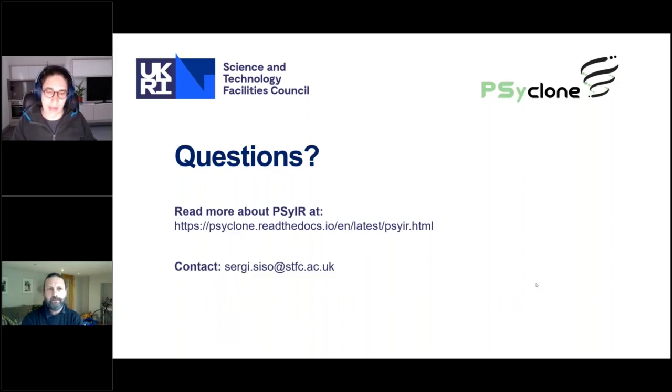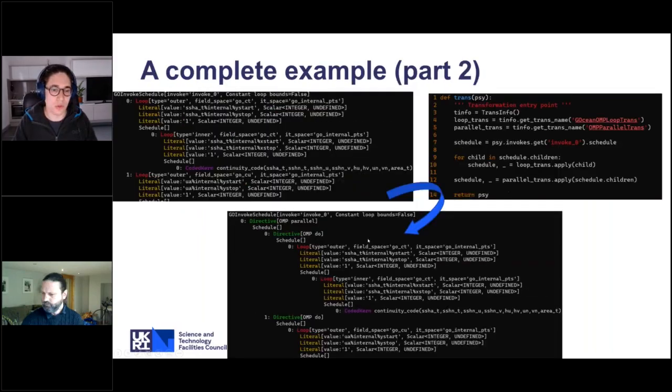Yeah. So let me go back to this example. If you don't provide any transformations in a PSyIR which has been generated from scratch or by Cyclone, for instance, for a parallel system, you would still have a PSyIR tree looking like that. So it's maybe not optimized or maybe not parallelized, but it's a tree.